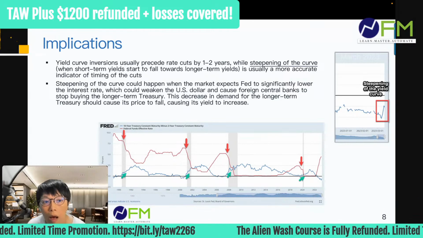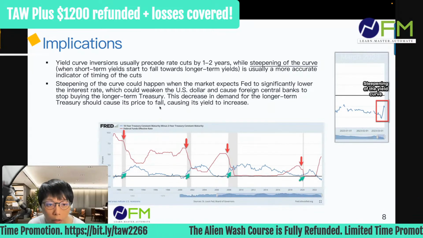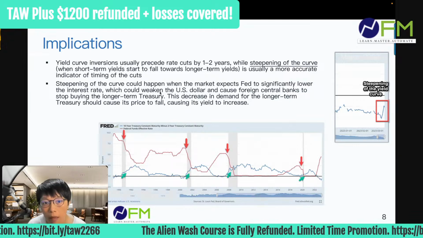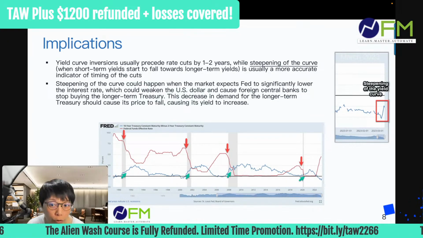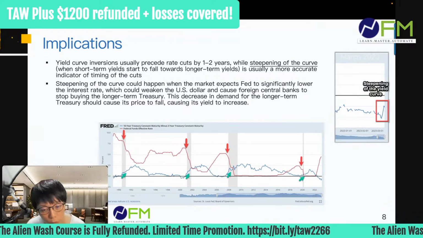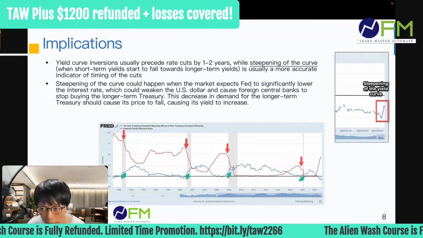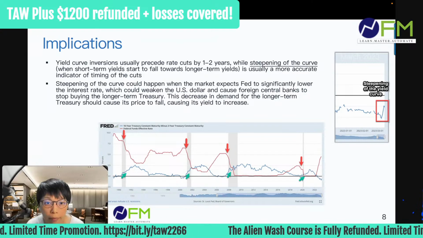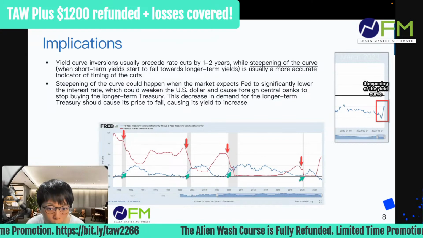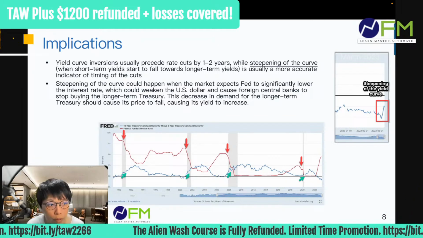However, a yield curve inversion usually precedes the rate cut by 1 to 2 years. That means once we see the yield curve inverted, the rate cut doesn't happen immediately. The average noted period was 1 to 2 years.